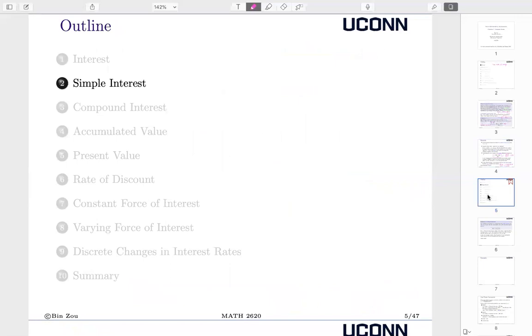Next, we introduce the first way of calculating interest, how interest is grown over time. It is called simple interest. And as the name suggests, it's likely the simplest way of accumulating interest, at least from the mathematical point of view.